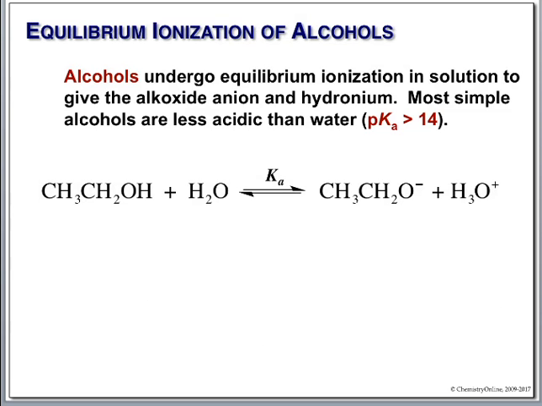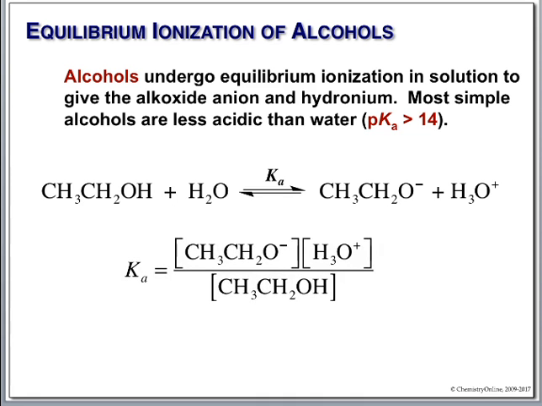Alcohols are acidic, but very weakly so. We can write a standard acid dissociation equation. Alcohol plus water gives hydronium and alkoxide. You remember from general chemistry, we can write an expression for Ka, which is products over reactants.